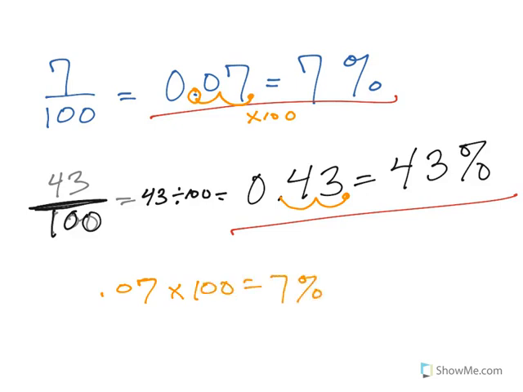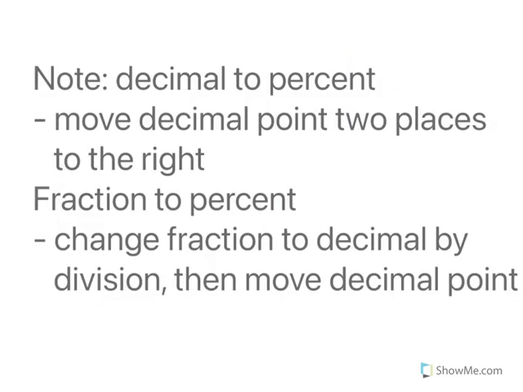So if we take a decimal and we multiply by 100 or move the decimal 2 places to the right, it turns it into a percent. And that is our process of changing a decimal to a percent. Mathematically, we are multiplying by 100.